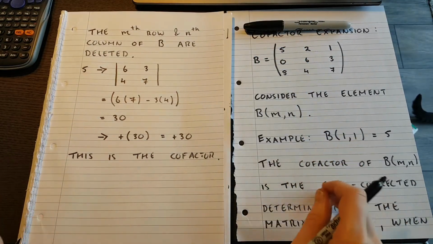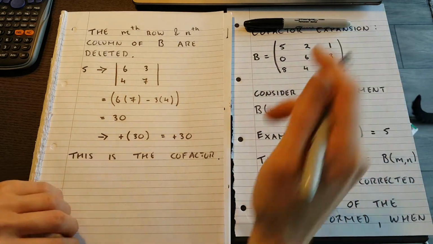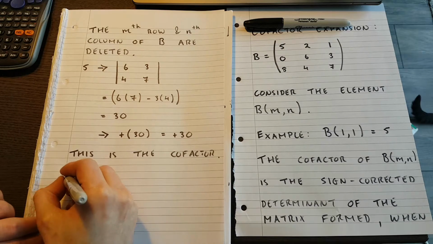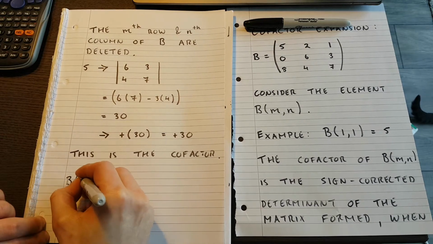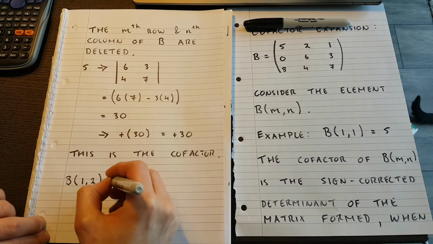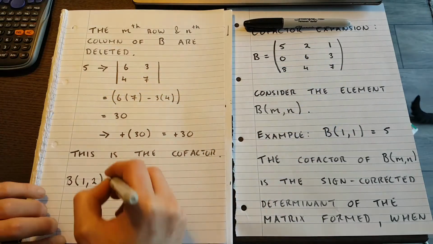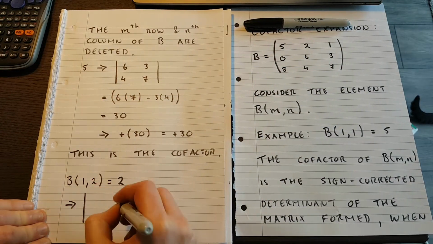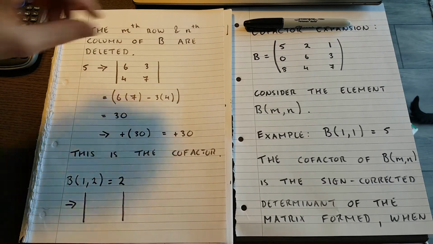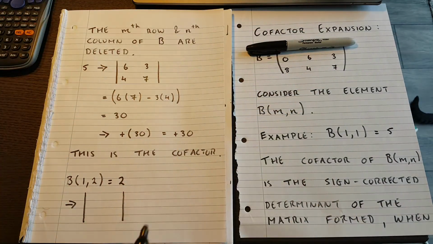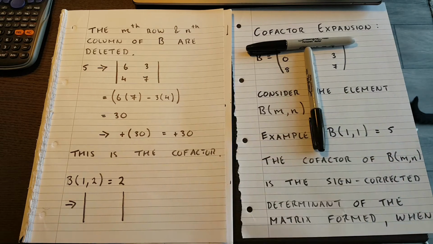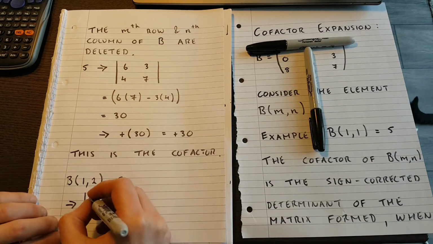Okay, let's choose another entry here. Let's choose the entry in the first row, second column. So that would be B12. And what's that? That's 2. That gives me a 2 by 2 matrix when I delete the first row and second column, which is 0, 3, 8, 7.